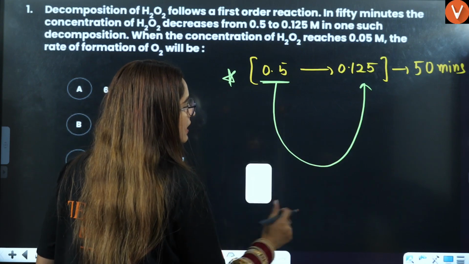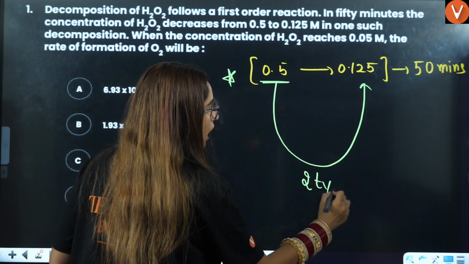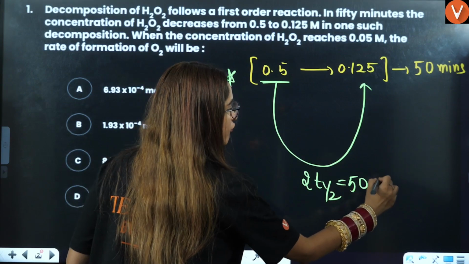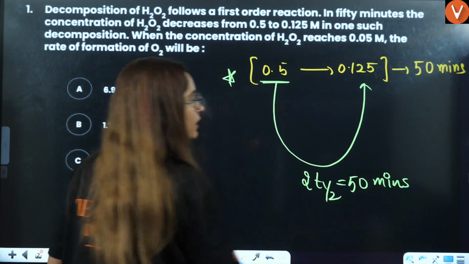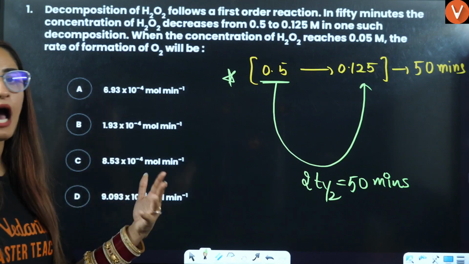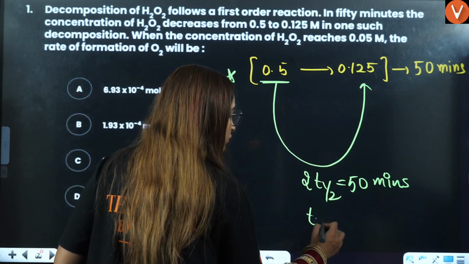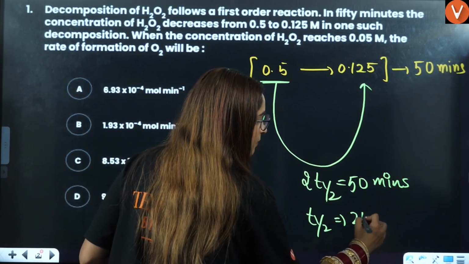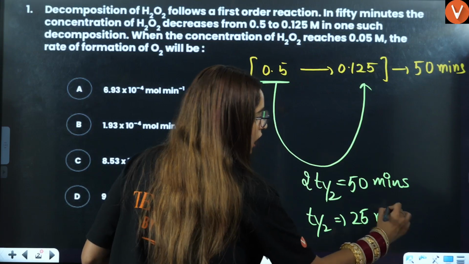So 2 t half equals 50 minutes. From here you can easily calculate t half, which will come out to be 25 minutes. Understood?